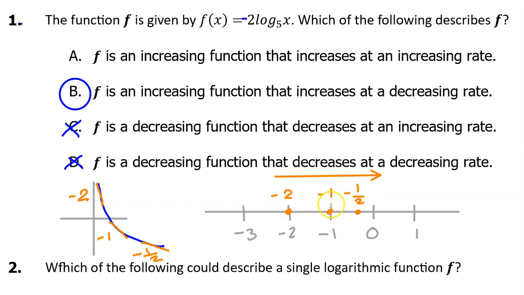From negative 2 to negative 1 to negative 1/2, these slopes are increasing. So we would say that the rate is increasing. For this hypothetical, the answer would be C, because f would be decreasing at an increasing rate.